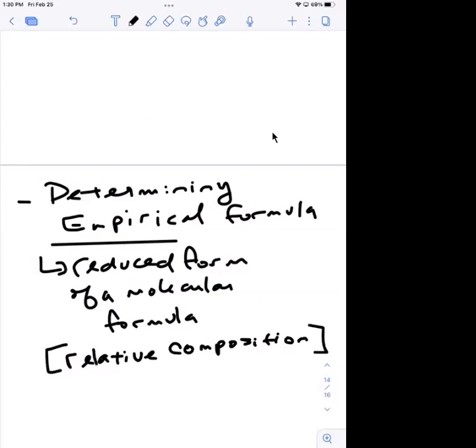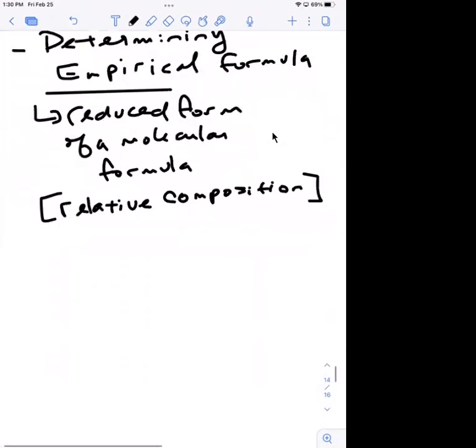And really, what we're going to be looking for in these problems is quite simply the mole to mole ratio of the atoms that make up the compound.